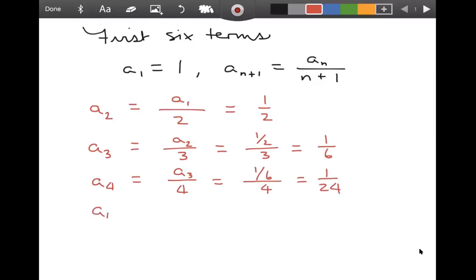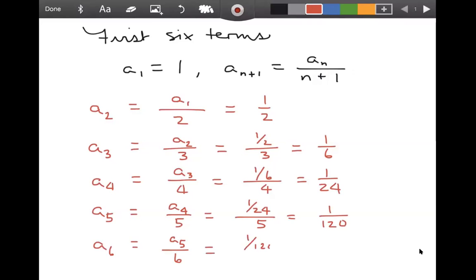You see the pattern yet? a5 is a4 divided by 5. a4 is 1/24. 1/24 divided by 5 is 1/120th. And then finally, a6 is a5 divided by 6, which is 1/120th divided by 6, which is 1/720.